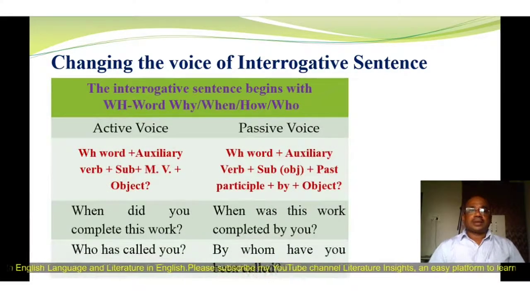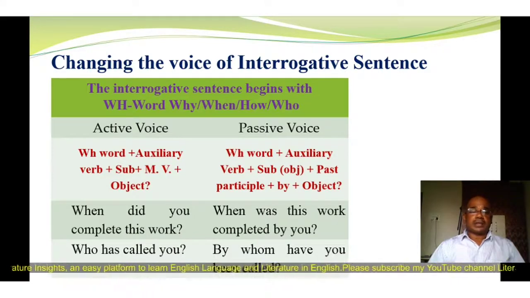The next, the interrogative sentence begins with WH word: why, when, how, who. Here we have formulas in active voice: WH word plus auxiliary verb plus subject plus main verb plus object plus question mark. Then in passive voice: WH word plus auxiliary verb plus subject plus past participle plus by plus object plus question mark.